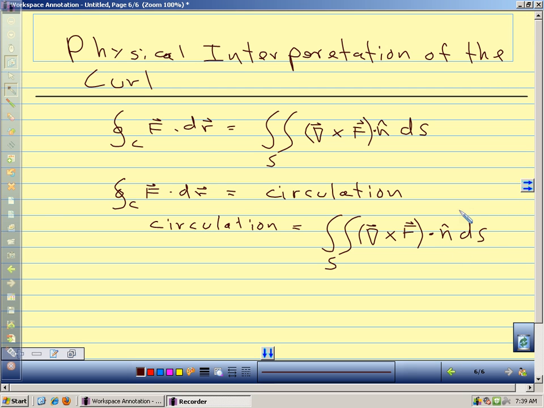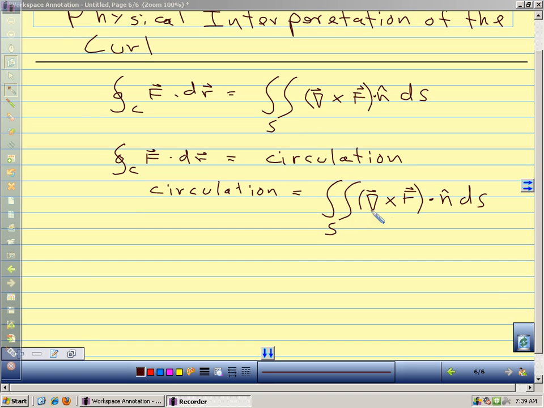Now let's think about a tiny piece of surface. We're looking at this integral, and we're assuming that on that tiny piece of surface, f is approximately constant. The piece of surface is so small that we can assume f is constant. So the curl is nearly constant on that little piece of surface, and the unit normal vector is essentially constant too.